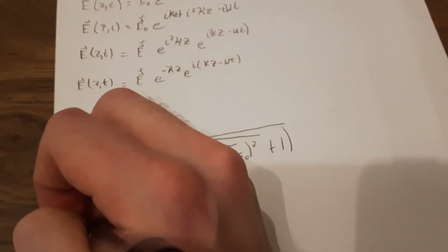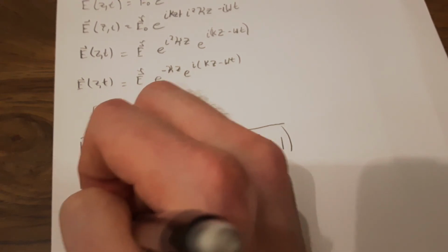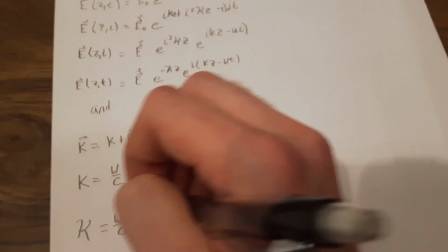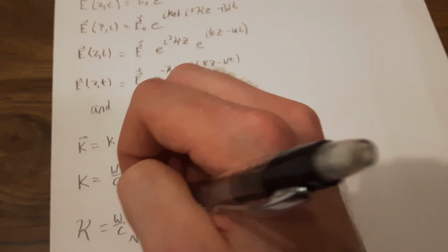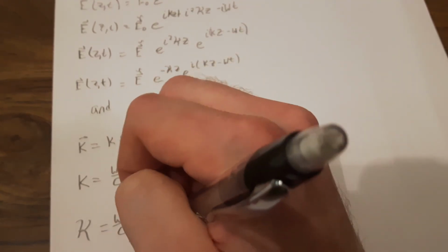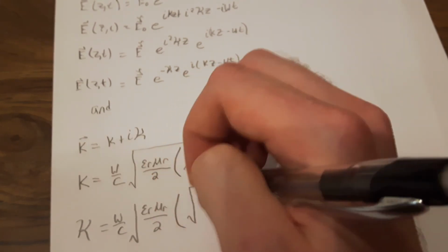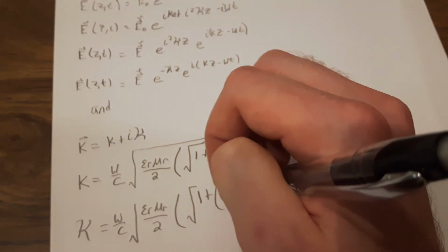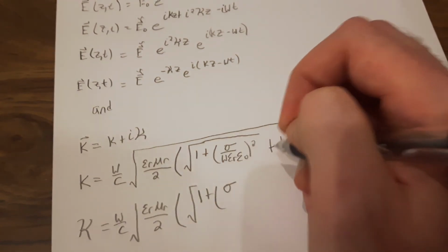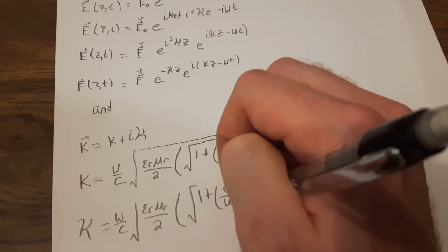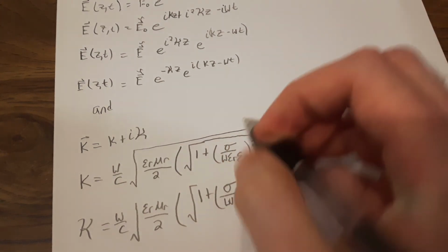And kappa looks very similar. Open up that first radical. Epsilon r mu r over 2 multiplied by a second radical, 1 plus sigma over omega epsilon r epsilon naught squared.